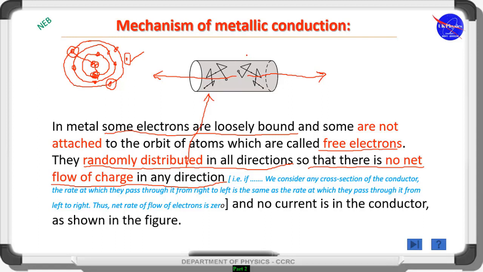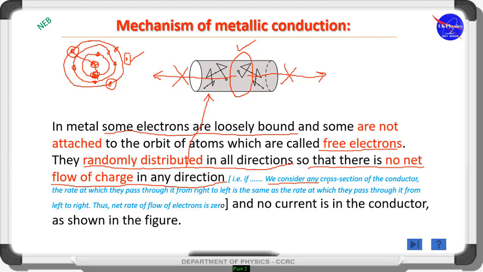So if we calculate the net flow of electrons inside the conductor, we finally get 0. This means that this part of the electrons cancels this part, so there is no net flow of electrons.